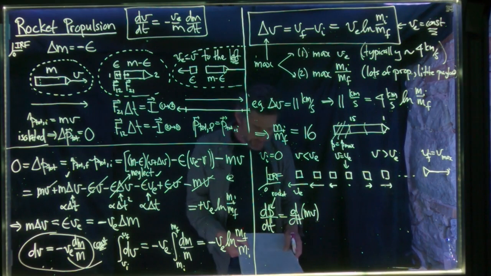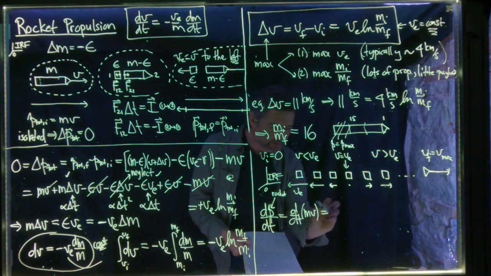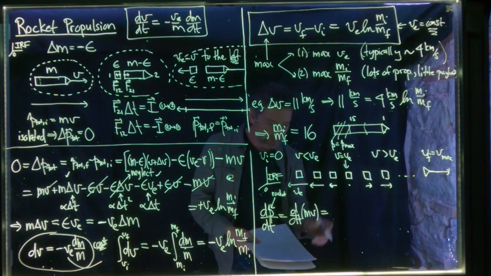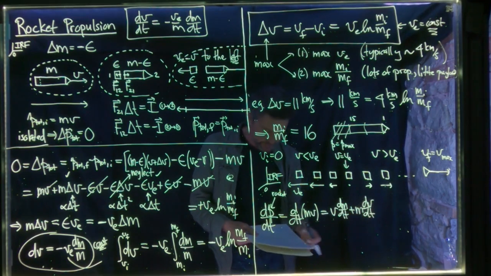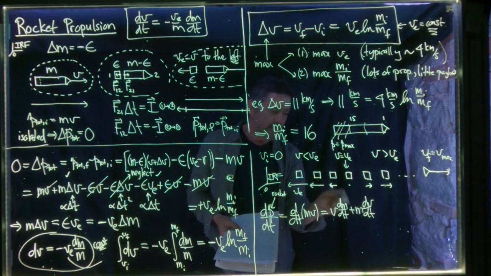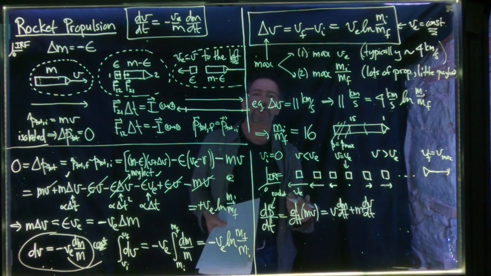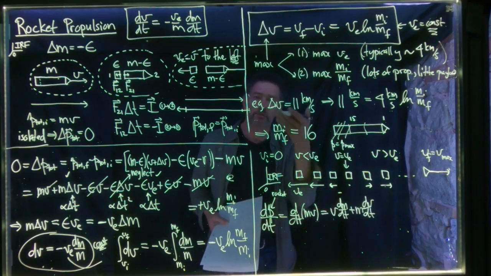So let's work this out. M and V are both functions of time, so it's the time derivative of a product. Let's write that as V times the time derivative of M, plus M times the time derivative of V. So what are these things? dm dt is the rate at which the mass of the rocket is changing, which is of course negative, since the mass of the rocket is going down.